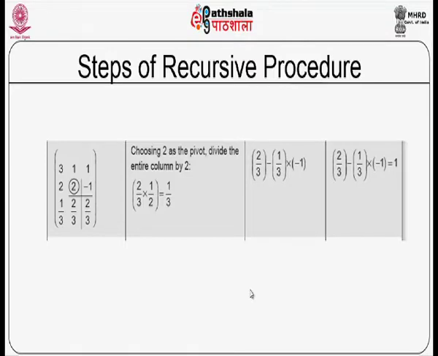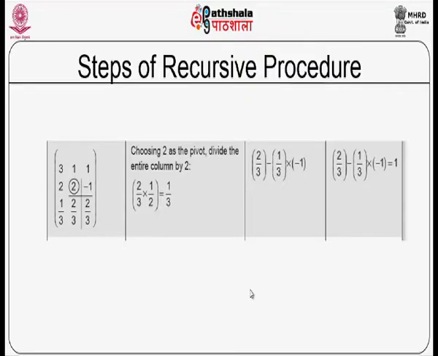Now, you can see very well that the recursive procedure is invoked again. Now 2 is taken as the pivot element. Recollect what we did in the previous step: divide the entire column by this pivotal element. We have only one element in that column, which is divided by 2 to give 1 by 3.